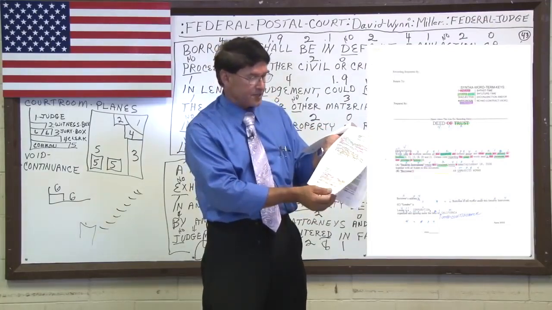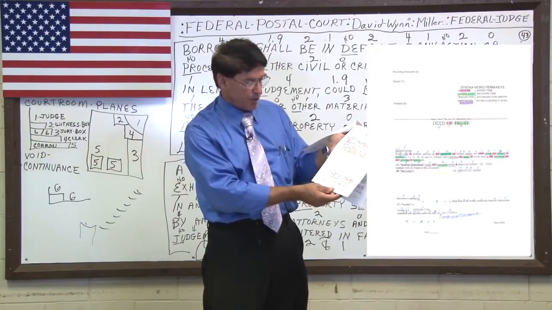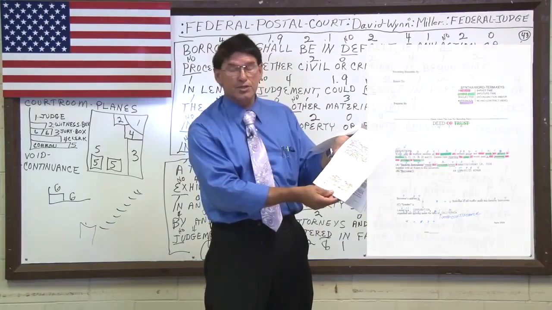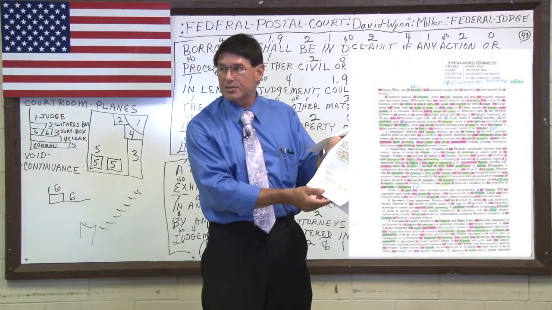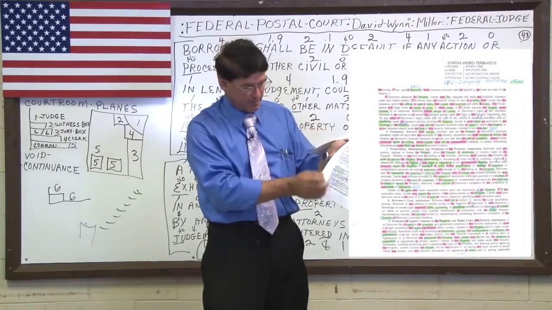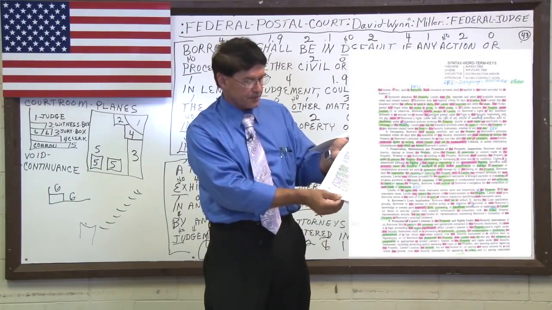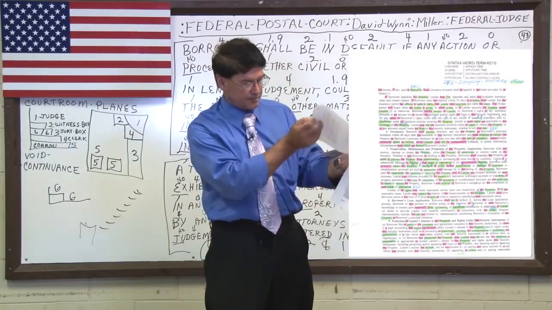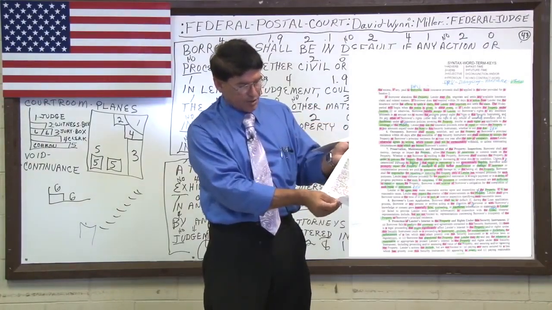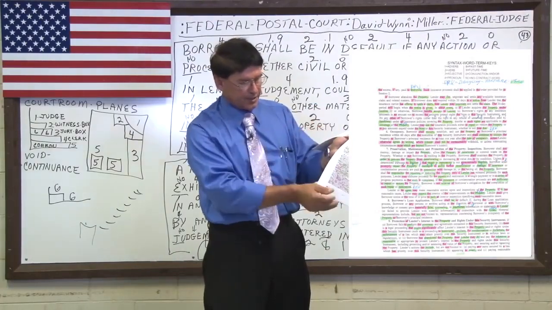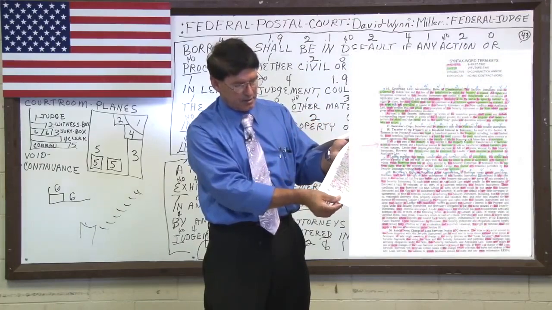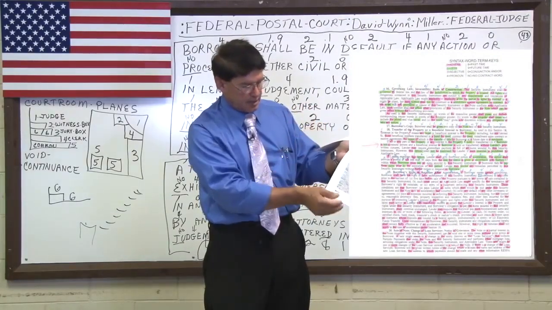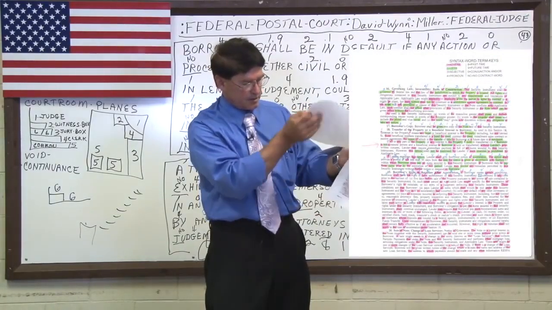So if you're going to modify something, your white is going to be modified and your pink is going to be modified. The green section is going to be your facts used as verbs. You can look at this up close after the fact. And you can see how many times that this document written by Fannie Mae and Freddie Mac has been modified to create a false document.